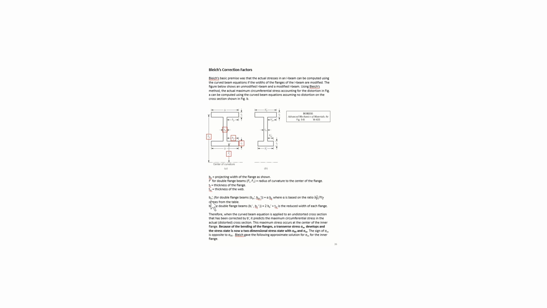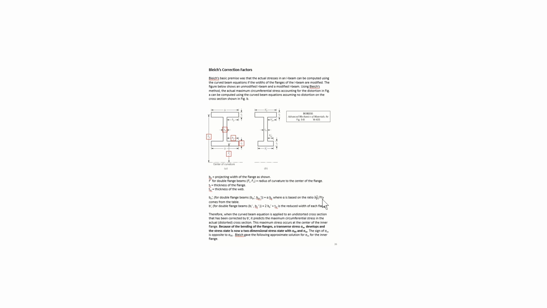BP prime for double flange beams is given as BP inner and BP outer, or we can use alpha BP, and this alpha is given by this ratio of BP squared, which is this projecting width of the flange, divided by R bar times the thickness of the flange.